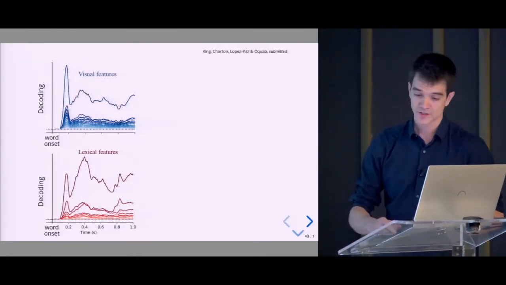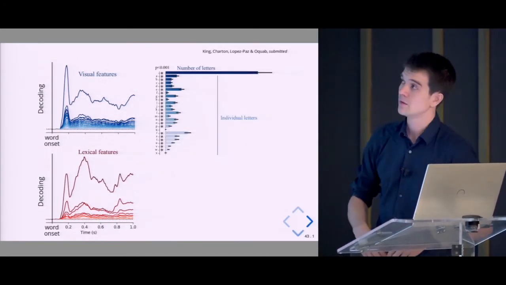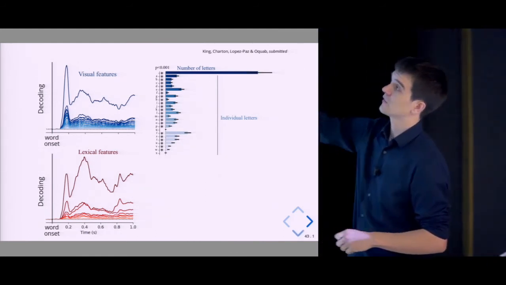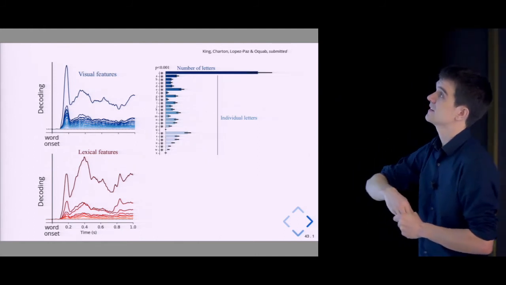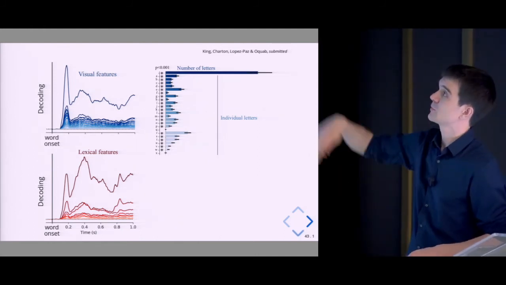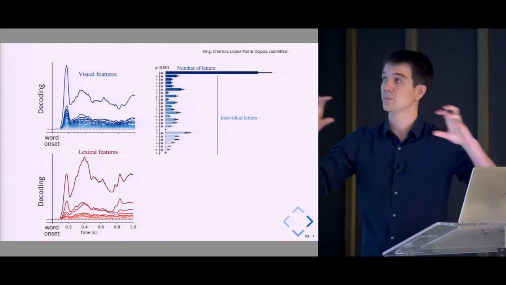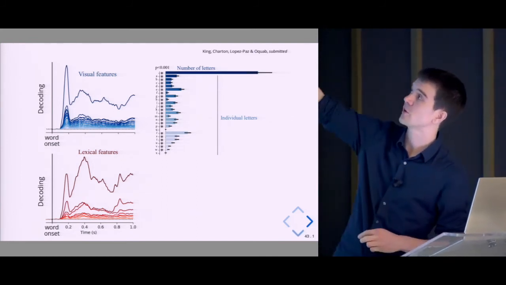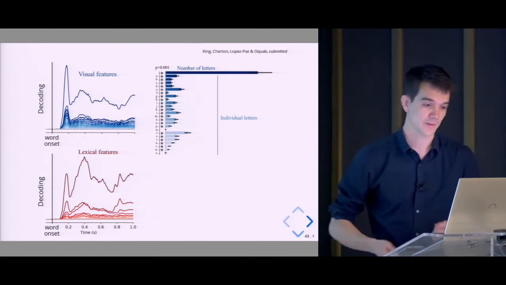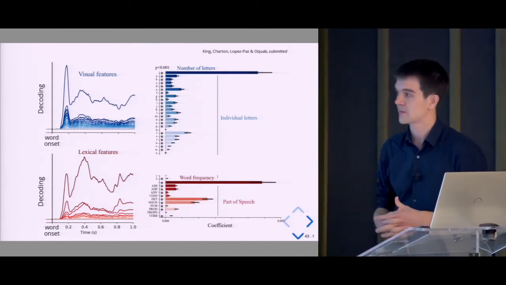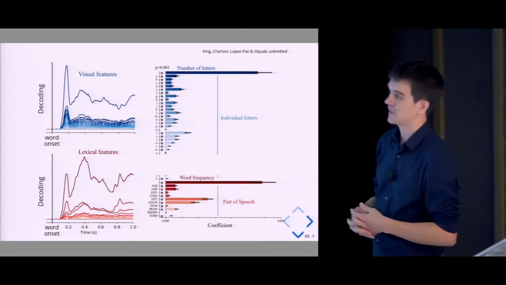So for instance, we can try to decode each letter that composes the word. So here is the alphabet on the y-axis, and the first bar corresponds to the number of letters that we can decode. So this is pretty easy, but that's a big visual feature. But we can also decode individual letters, whether there was an A, a B, a D, and so forth. We can also decode slightly more abstract types of representation, such as part of speech.